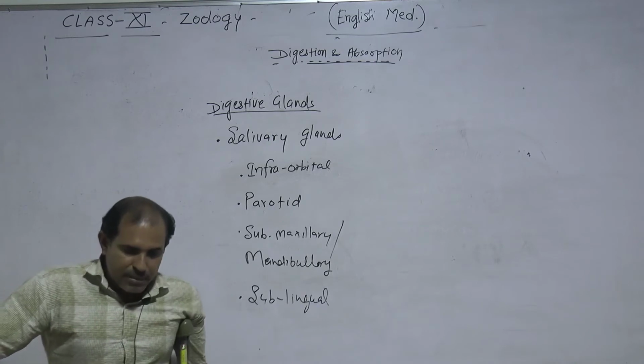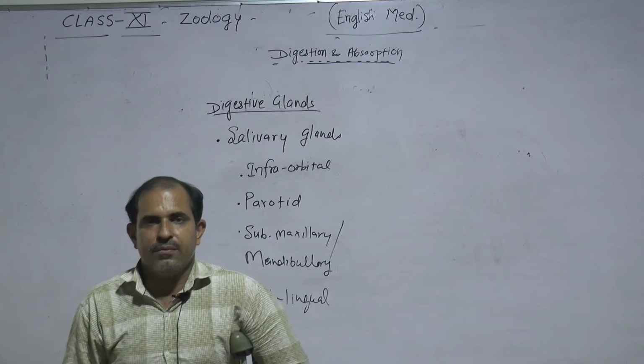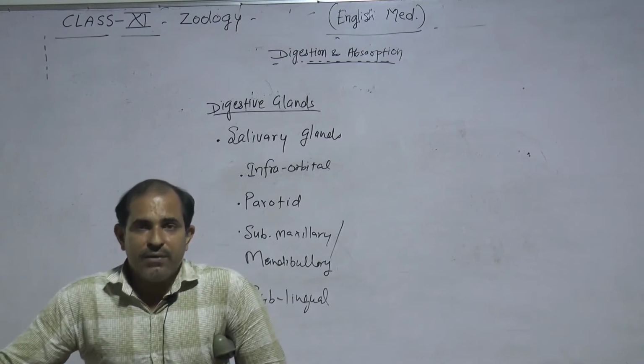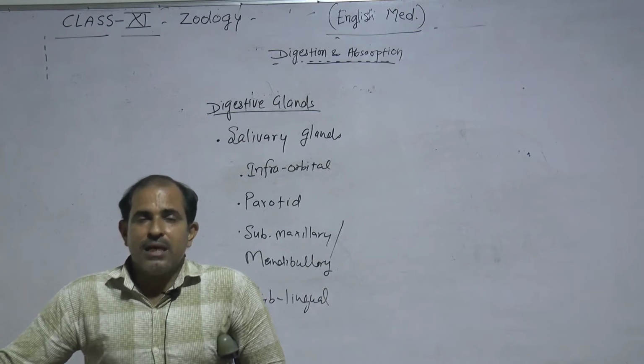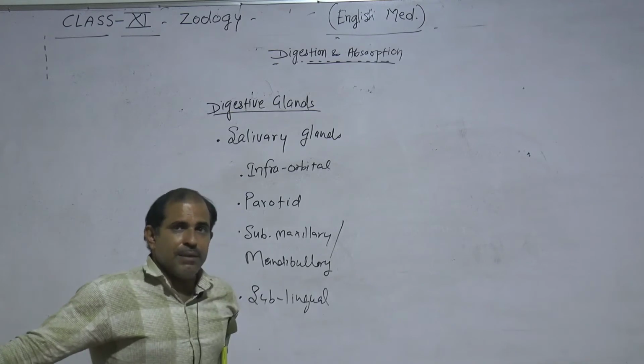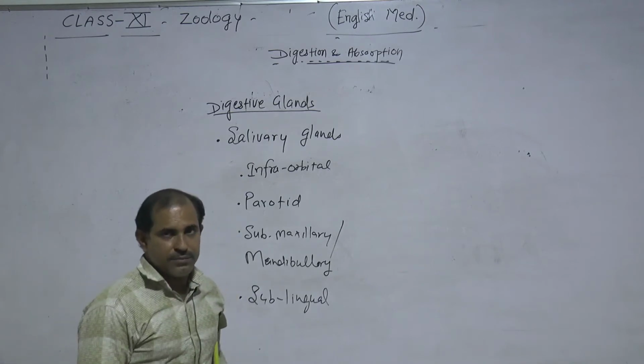The infraorbital salivary glands are present under the eye orbits, and they are absent in humans. It means in humans only 3 types of salivary glands are present.